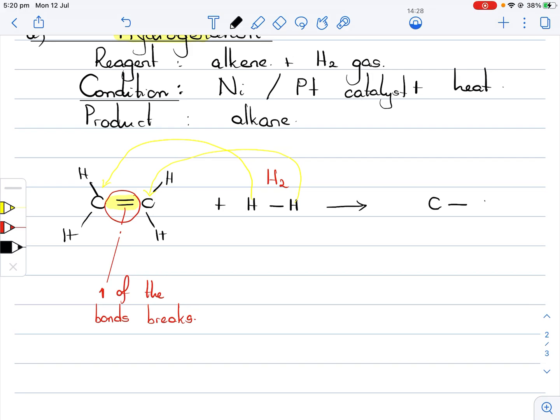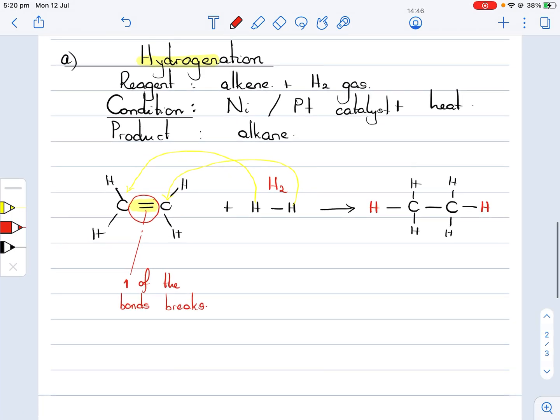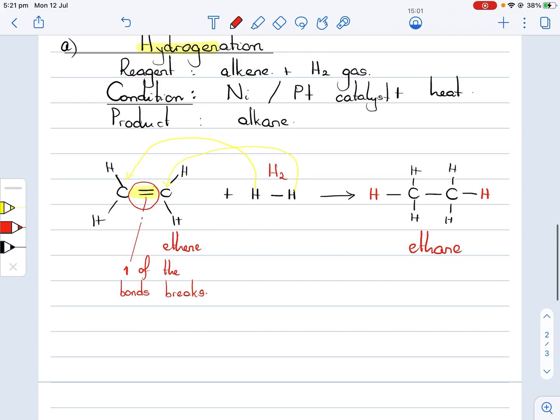So the double bond breaks, and then each carbon creates an extra bond on the side. One hydrogen atom will come to that carbon, and the other hydrogen will come to the other carbon. And my final product here is ethane. I started off with ethene. Ethene underwent an addition reaction and received hydrogen, and it became ethane.